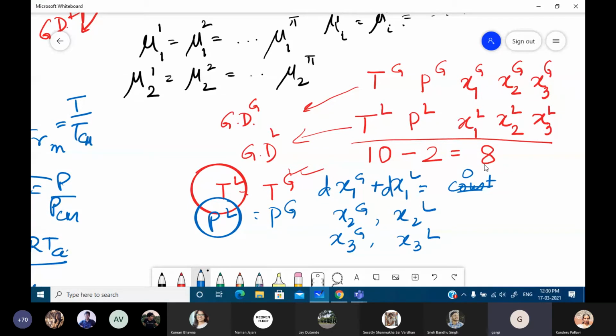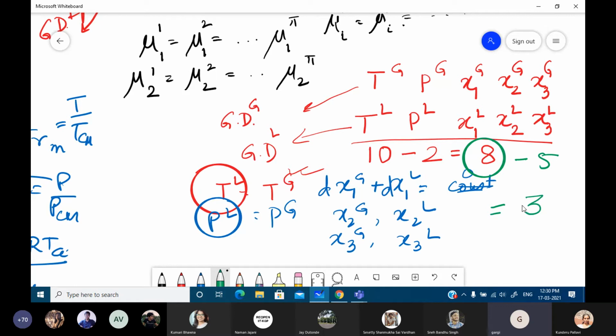So therefore, we find that out of the 8 equations that are there are 5 total constants. So finally it boils down to the total number of intensive variables. Mind it, the total number of intensive variables that can be varied in this particular system, a ternary two-phase system, is nothing but 3.